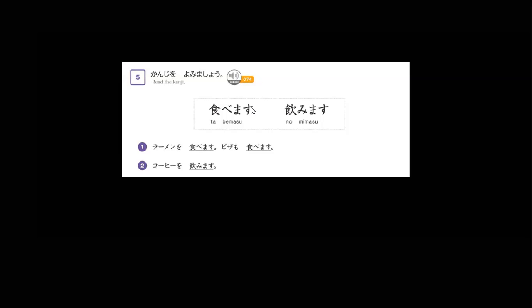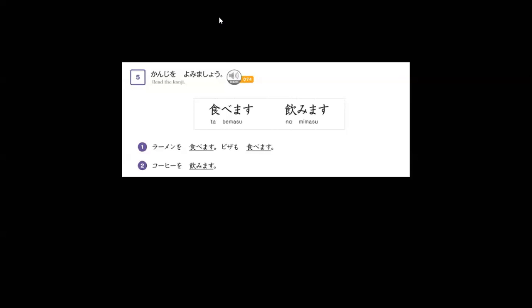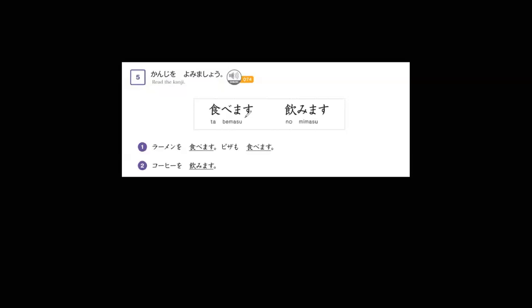These are 2 characters in lesson 6. Tabemasu, nomimasu. These 2 are verbs. Not only nouns in Japanese have kanji characters, but also verbs. Tabemasu means eat.